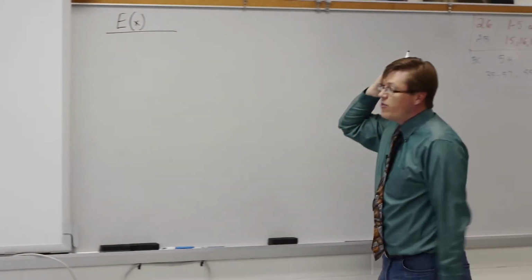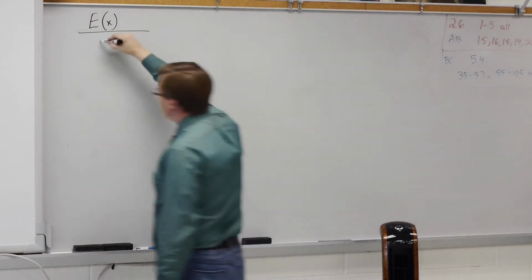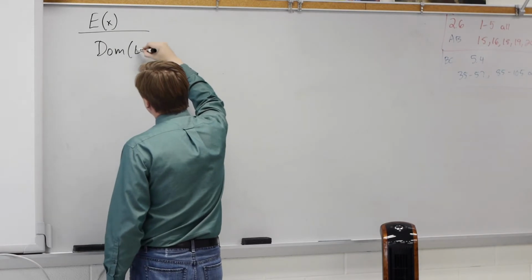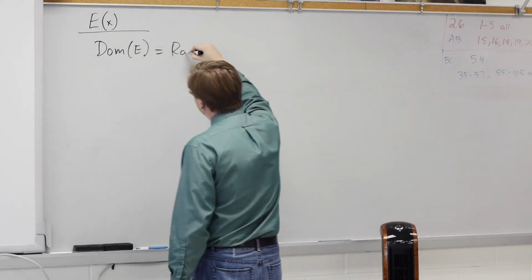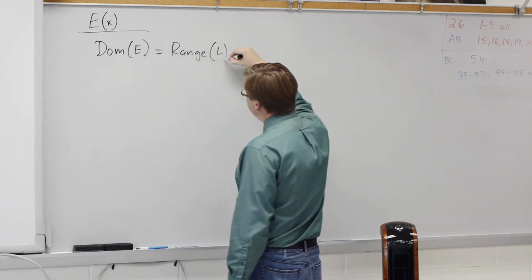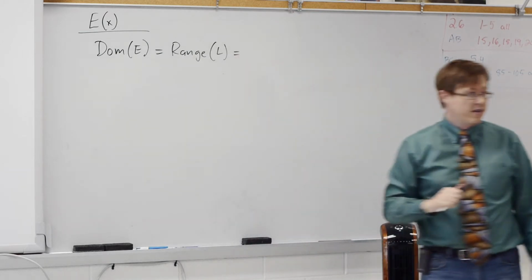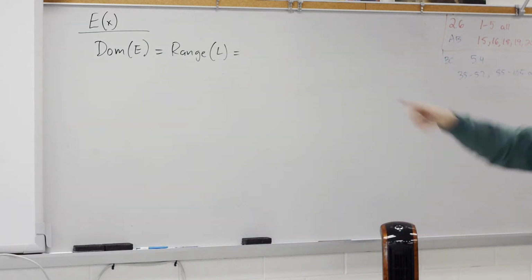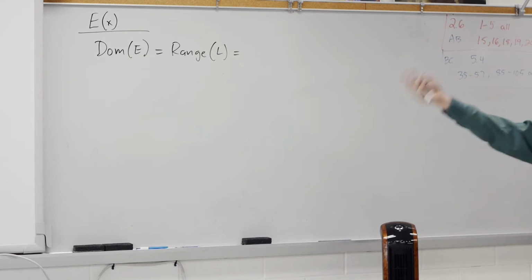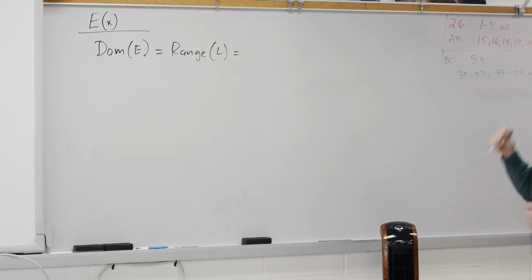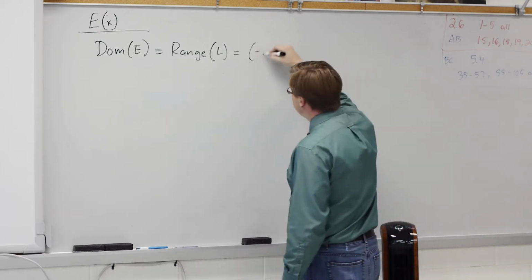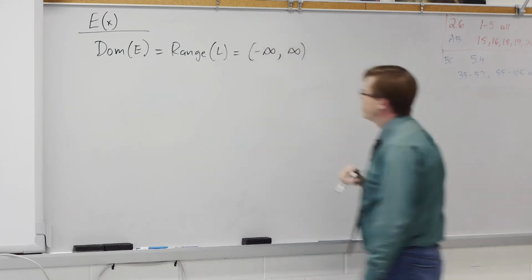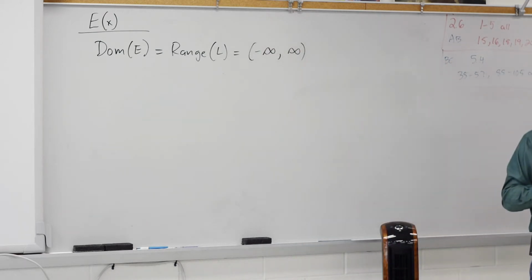So what can we say about E? Well, the domain of E has to equal the range of L. And look over there at my graph. We saw this last class. L goes all the way down to negative infinity and all the way up to positive infinity. So the domain of E is just negative infinity to infinity.